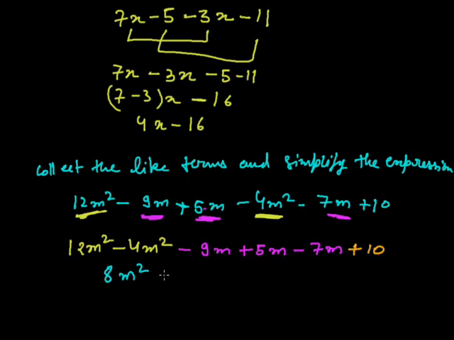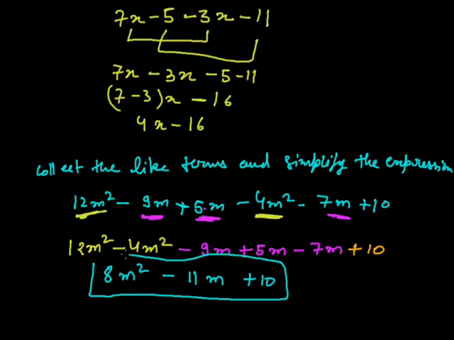Therefore it will be equal to minus 11m, and 10 will be as it is. So this is the solution of the given question. We have to just find the like terms and simplify their numerical coefficients and we will get the value.